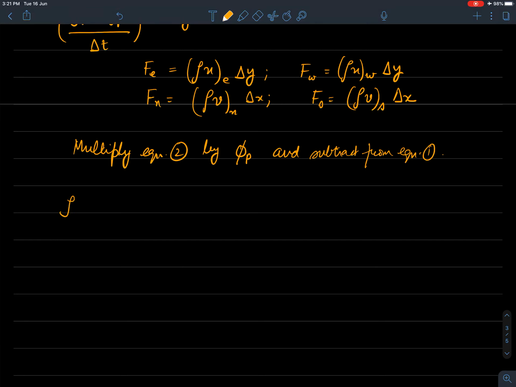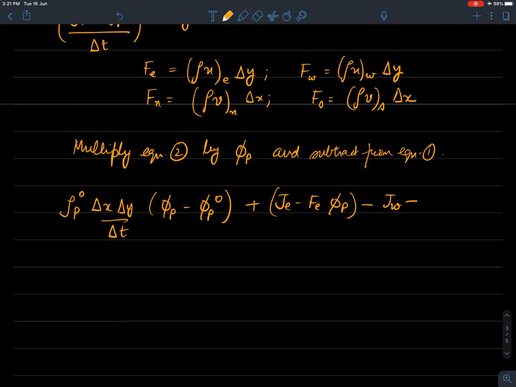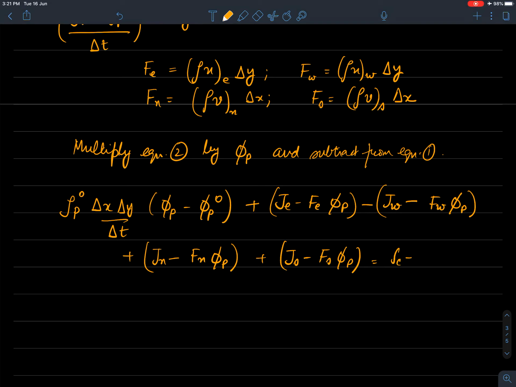When we multiply and subtract, what you will get is rho p naught into delta x delta y by delta t times phi p minus phi p naught, plus Je minus Fe phi p, minus Jw minus Fw phi p, plus Jn minus Fn phi p, plus Js minus Fs phi p would be Sc plus Sp phi p times delta x delta y.